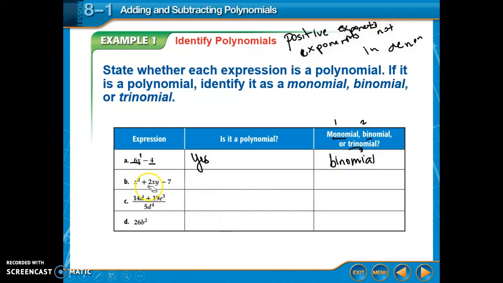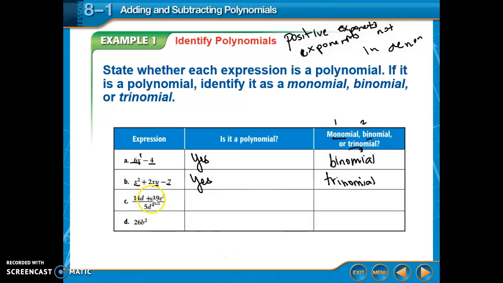Okay, the next one. This one is a polynomial because it has all positive exponents, and I don't have any variables in the denominator. So this one is also, yes, polynomial. And because it has 3 terms separated by plus or minus, that is a trinomial.